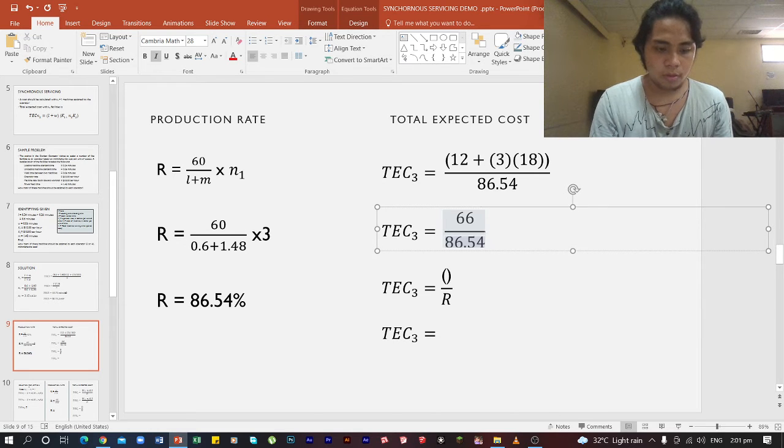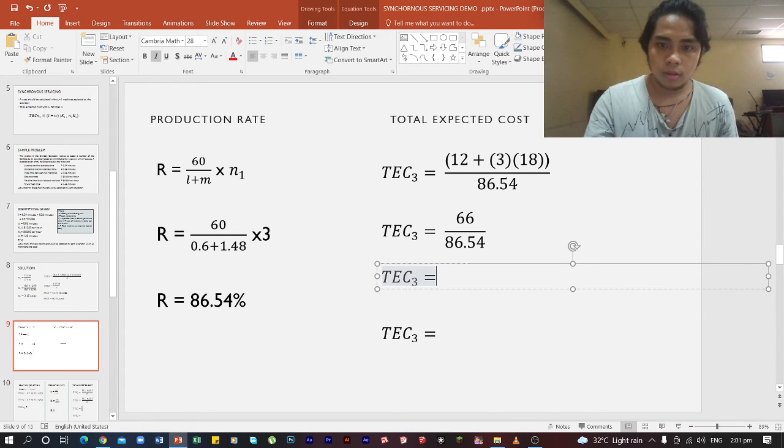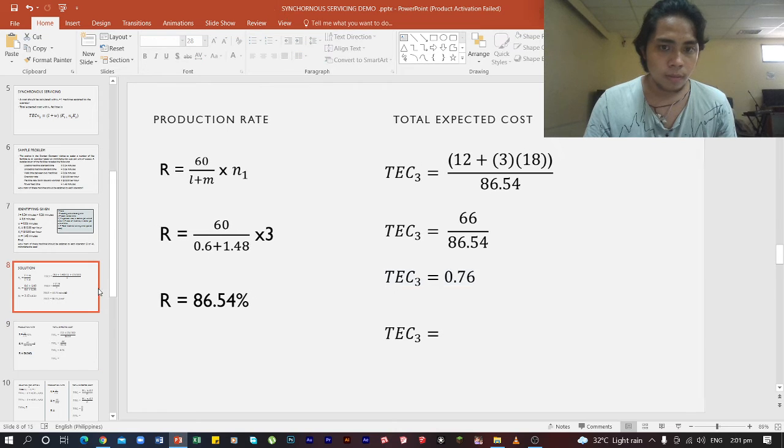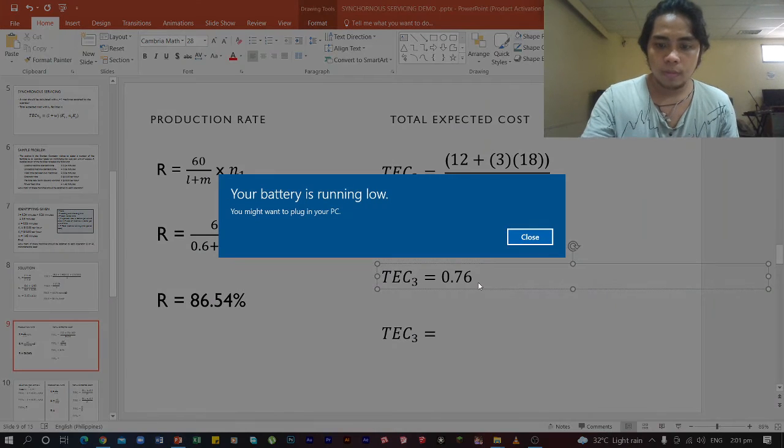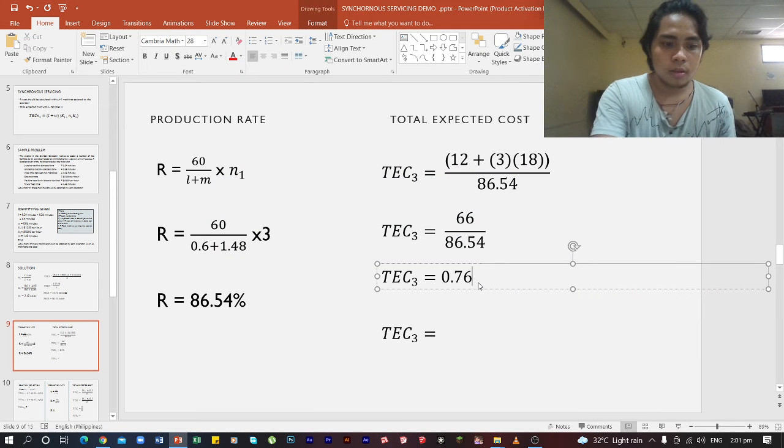So 0.76, right? Similar. Yeah, similar. Dollar per unit.